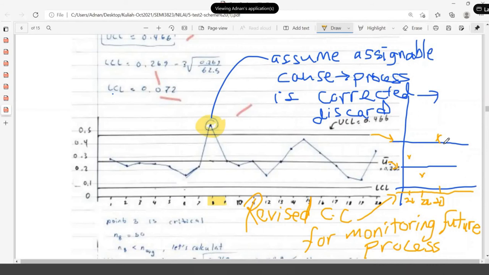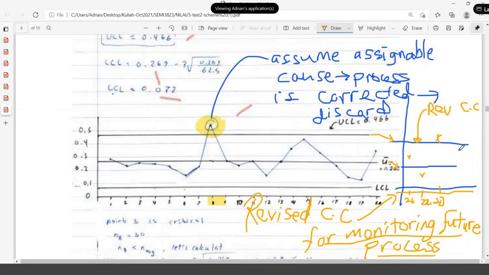Okay. Sekarang ni you are collecting new data. Okay, this line was coming from the revise. Okay, this line is revised. From the revise control chart, which is coming from using the previous data. But this line, the revise control chart, is for the purpose of monitoring the future process.